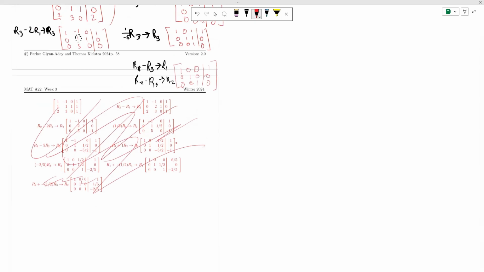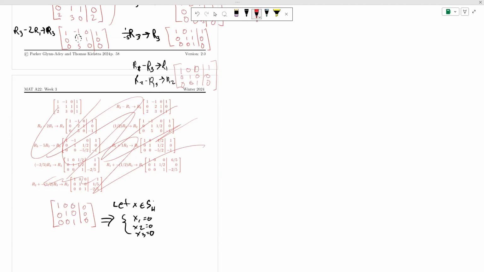So now that I have it in echelon form, I'm going to do 2 steps. First is solve the homogeneous solution. So I'm going to start by letting x be in SH. And what is my system of equations? This gives me x1 equals 0, x2 equals 0, x3 equals 0.